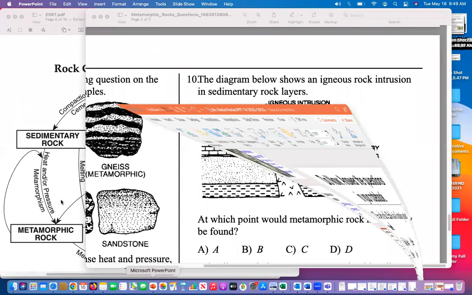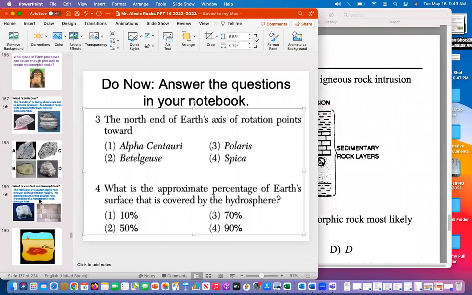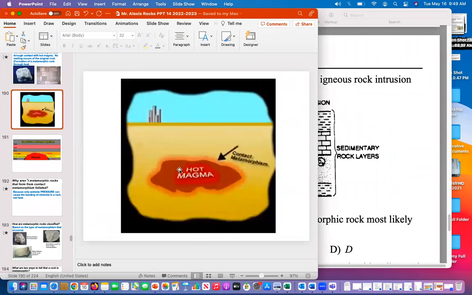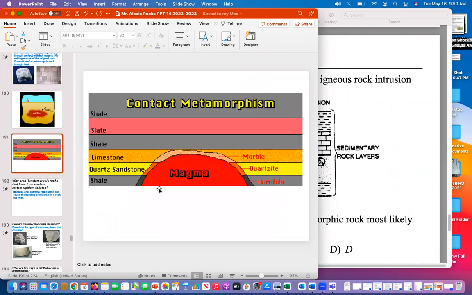If we go back to what we learned about contact metamorphism, you have hot magma, the rest could be sedimentary rock. Contact metamorphism happens in between the magma and the sedimentary rock. Metamorphic rocks are formed right between magma, where igneous rock would be, and the sedimentary rocks.